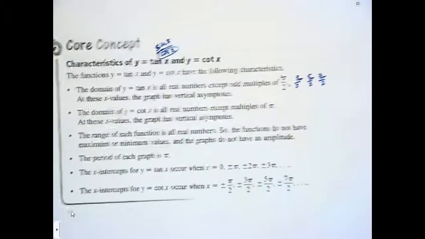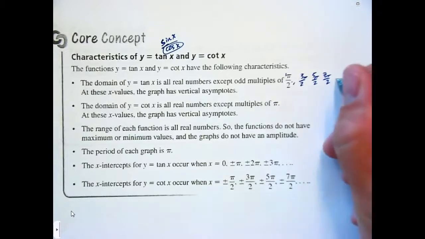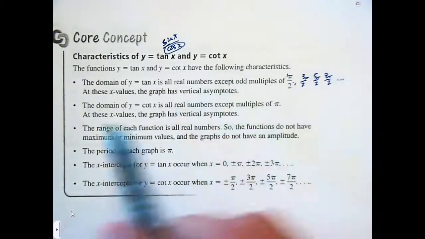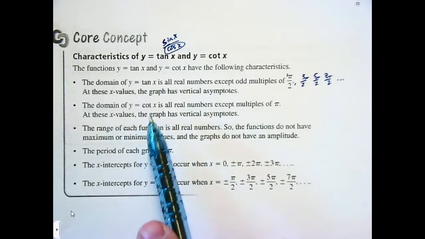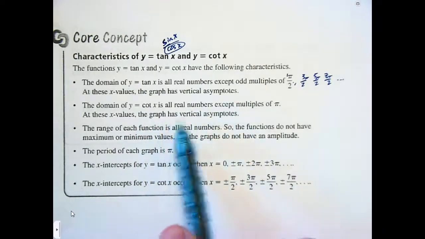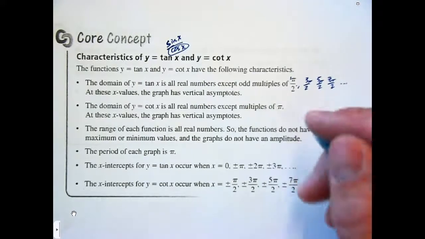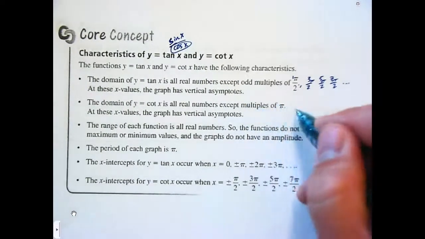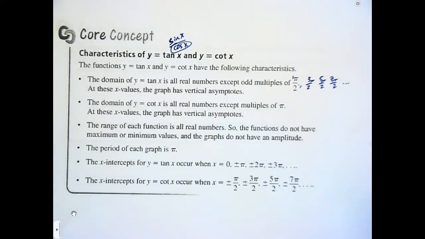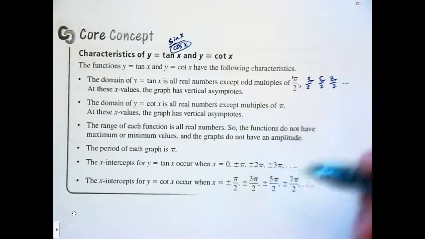So this is really just summarizing everything we've kind of gone through. The domain of y equals cotangent is all real numbers except multiples of pi, because at pi you have 0. So 1 pi, 2 pi, 3 pi.